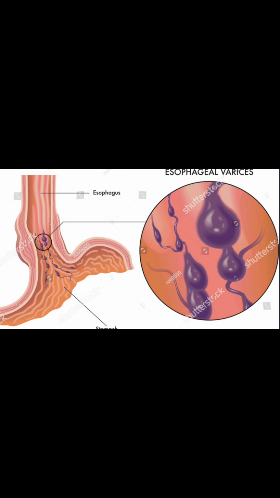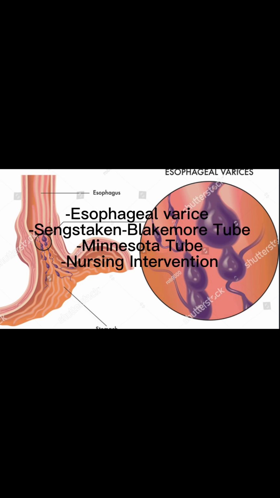This tortuous vein is caused by portal hypertension, often associated with liver cirrhosis, where we have fibrotic liver disease that causes a build-up in pressure in the liver, causing portal hypertension, which is characterized by an increase in the blood pressure within the portal vein by 10 millimeters of mercury.